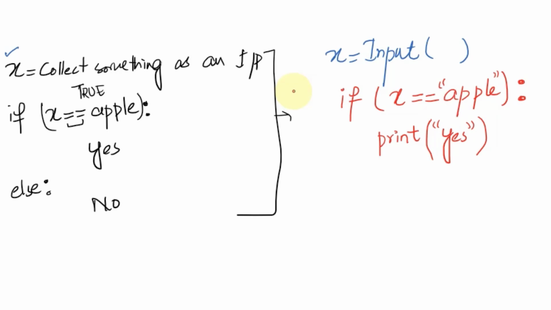What will it do? If x is equal to an apple, it will print yes, else there is another statement here, and that is the else. After else I have to put the colon again. After it, what will happen? It will say, if it is not an apple, it will say no. Again our developed rule in which we have to put the quotation marks here.